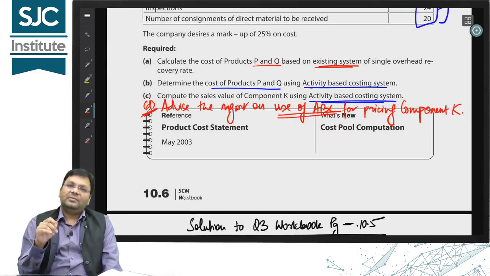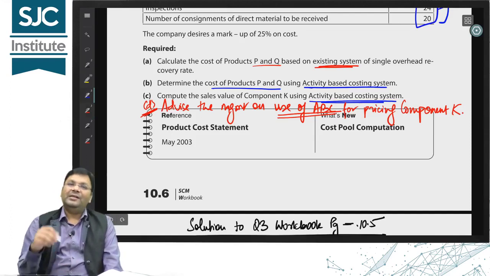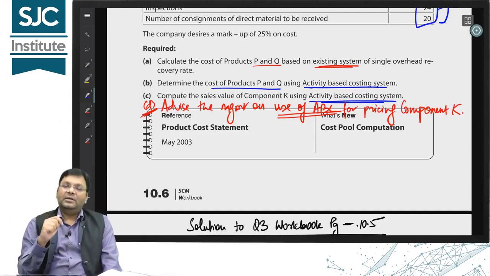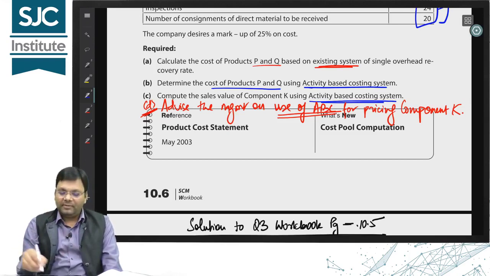It is for the products whose cost will vary with their cost drivers in the long run. So we can say that since component K's order will last only for 2 years, pricing it using ABC may not reflect its true cost, because ABC is supposed to be used only for those decisions that will have a long-term impact.